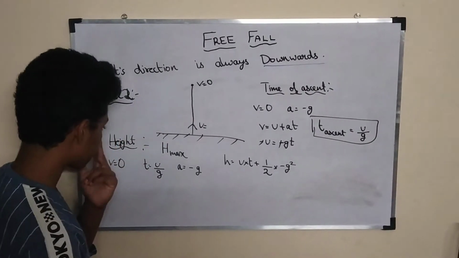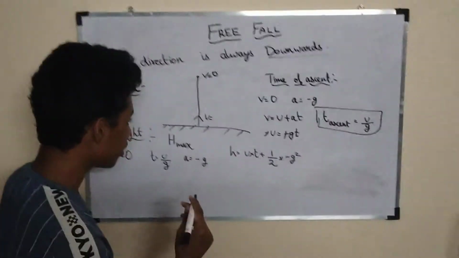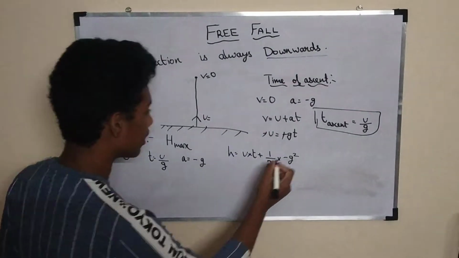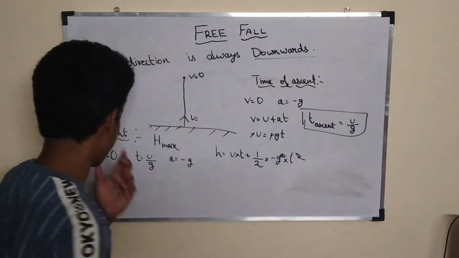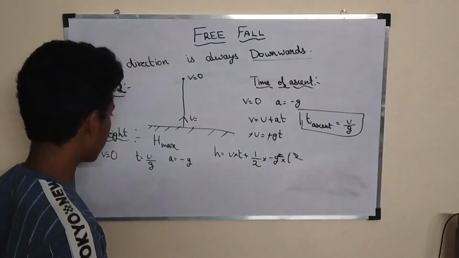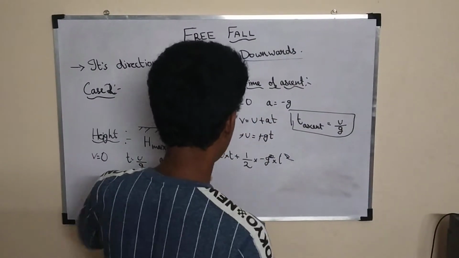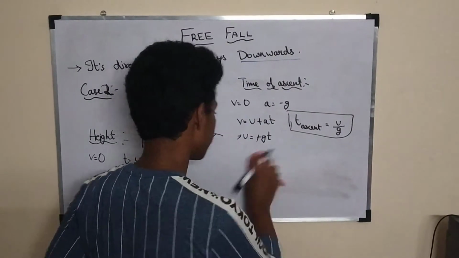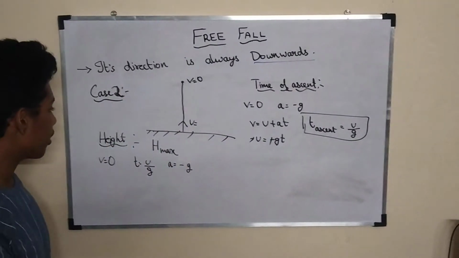If you use the second equation of motion, you won't get the value because there's time square, right? So we can't use the second equation of motion.